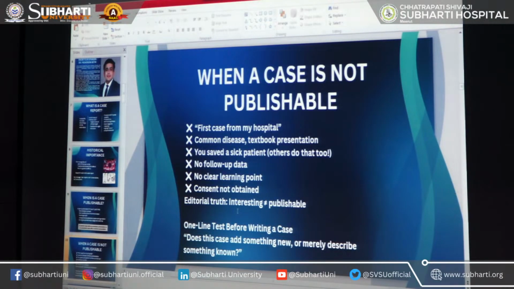And third, you save a sick patient. This line is very controversial, that you save a sick patient. Others do that too. But yes, this line, what did you do? What was your novel approach when you saved that patient?